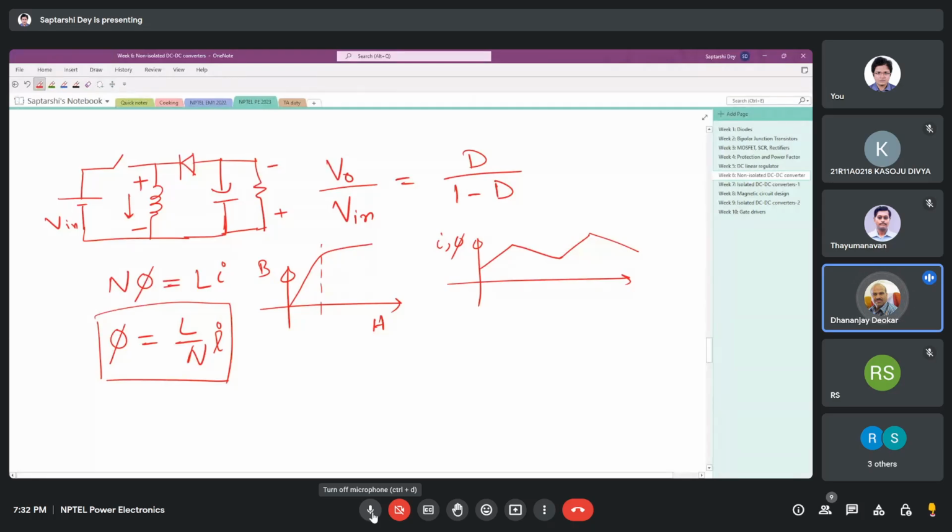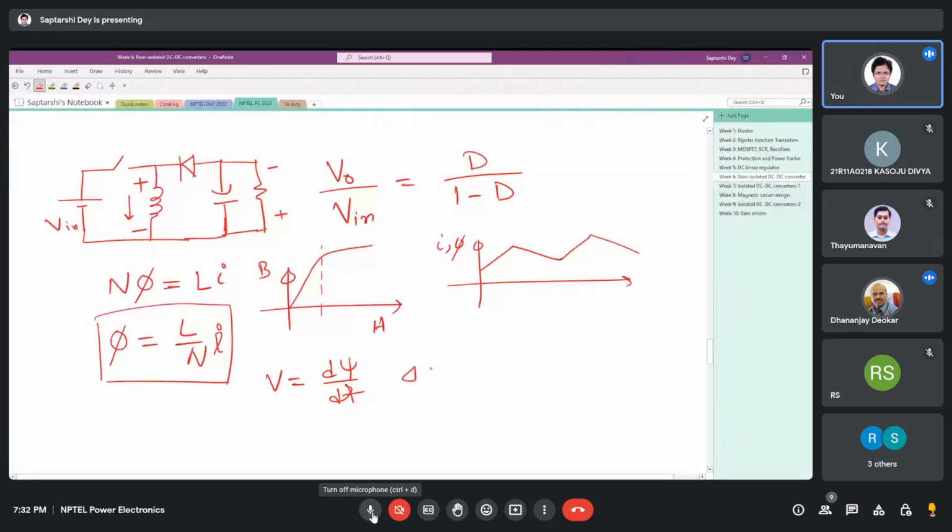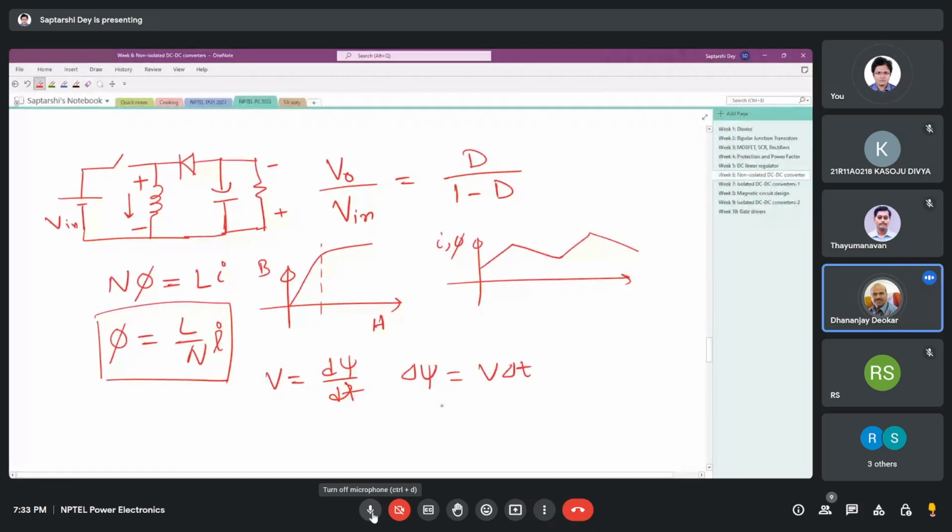Then he has scaled down that delta I is equal to V in divided by L into delta T. Basically, V is d psi dt, so you can say that delta psi is V delta T. If you're talking about phi, then this equals V by N into delta T. Sir has not written that delta T. Delta T will be there all the time. That will be phi.